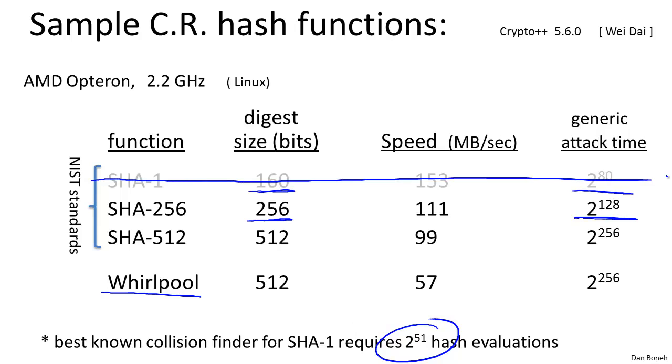But the current advice is SHA-1 is still a collision-resistant hash function because nobody has found collisions for it, but it's probably just a matter of time, just a few months or a few years until a collision is found. And as a result, in new products and new projects, SHA-1 should not be used and only use SHA-256, or if you want to be even more cautious, then use SHA-512. So this is the end of this segment, and now we're going to turn to building collision-resistant hash functions.